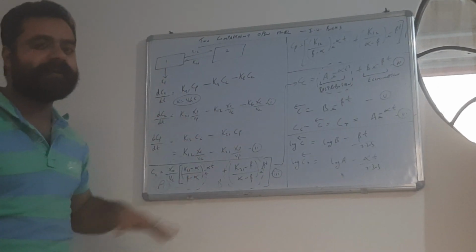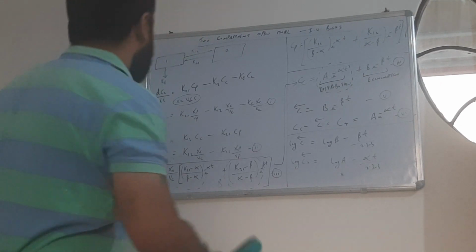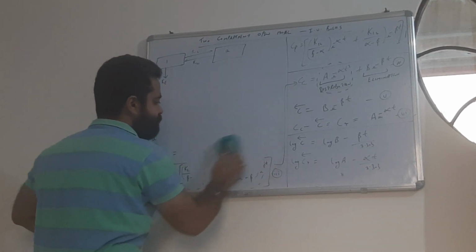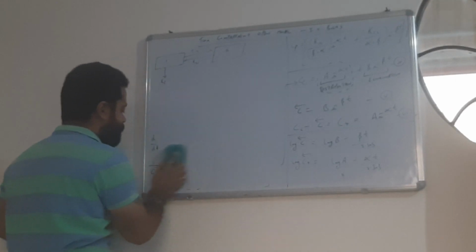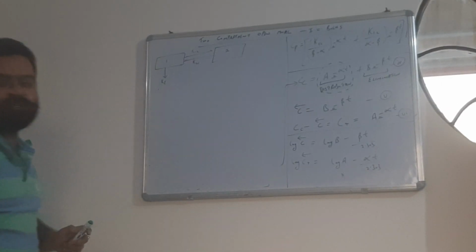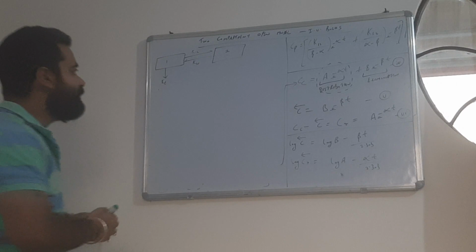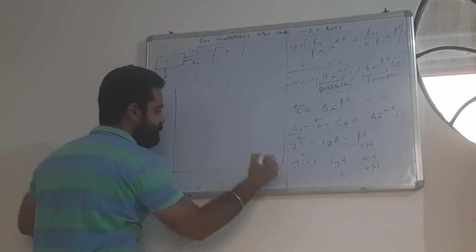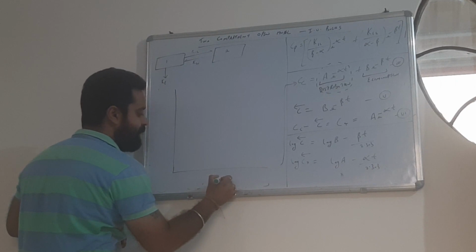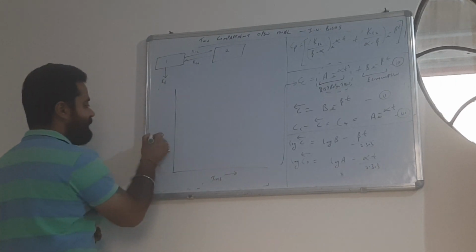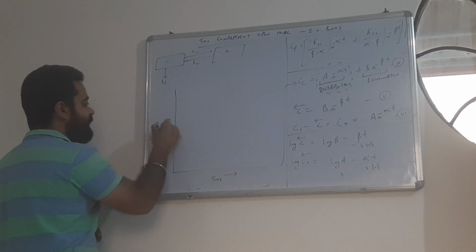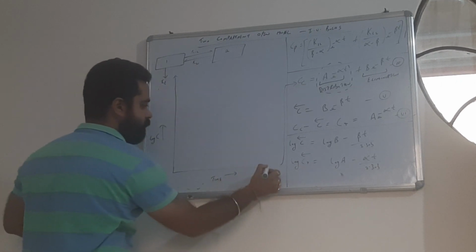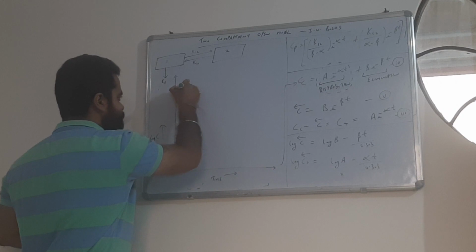Now on plotting a graph of log C versus time, that is a semi-log plot, with time on the x-axis and log C on the y-axis, what do we get?